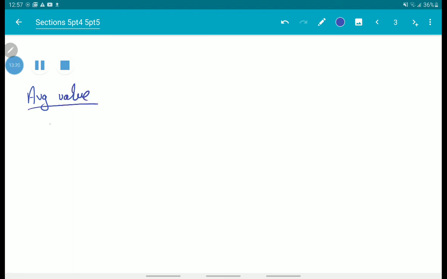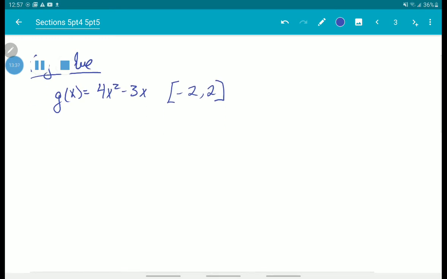Let's say we want to find the average value of the function g of x equal to 4x squared minus 3x. And we're going to go from negative 2 to 2. So average value is 1 over b minus a times the integral from a to b of f of x dx.